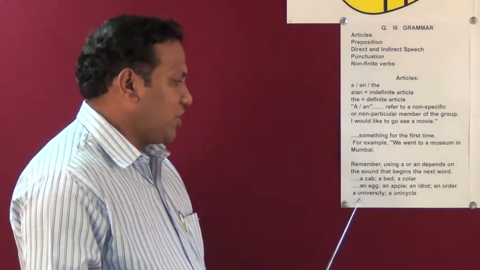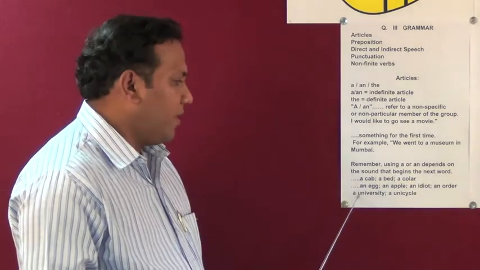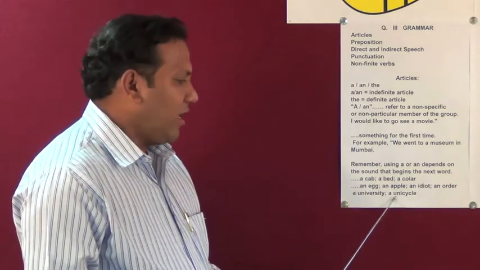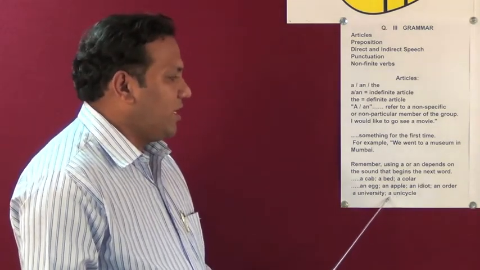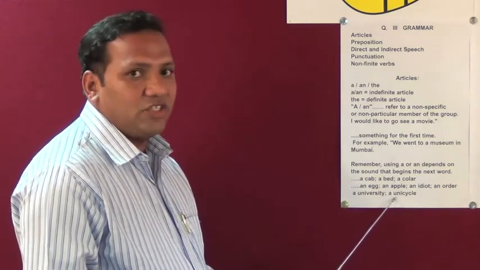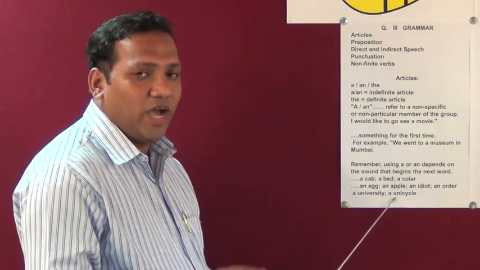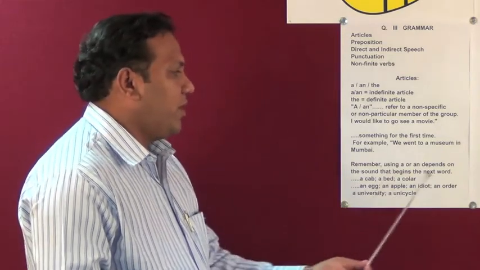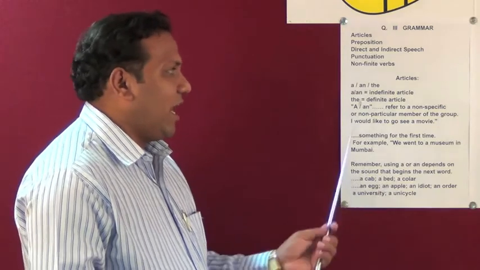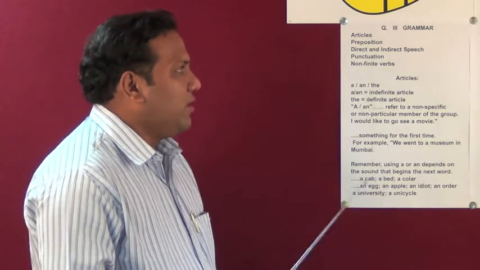Again, another word, unicycle. Again the article a is placed. It means that the correct pronunciation is uni, that is Y. So pronunciation plays a very important role while placing the articles a and an.